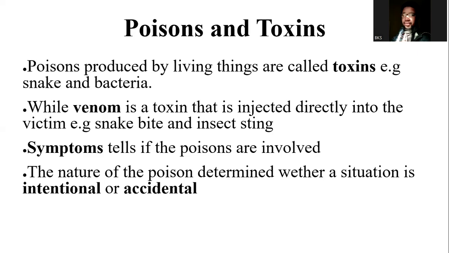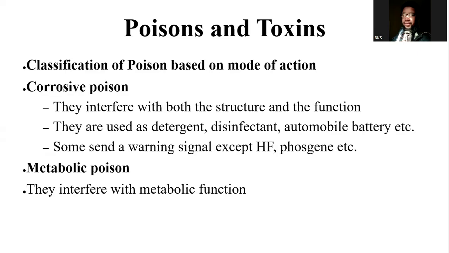As a result, that can lead to the death of that individual. So as a forensic toxicologist, you should be able to carry out a proper analysis to tell you that yes, this is accidental poisoning, or this is intentional poisoning, and it is responsible maybe for the death of this individual.